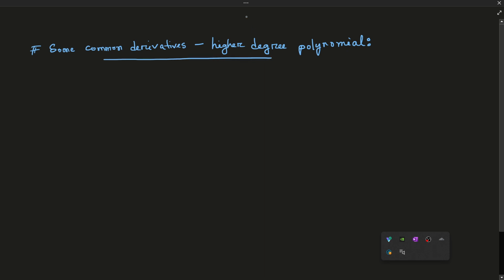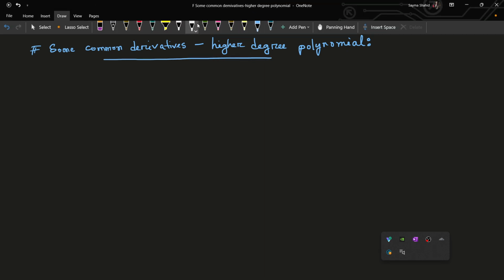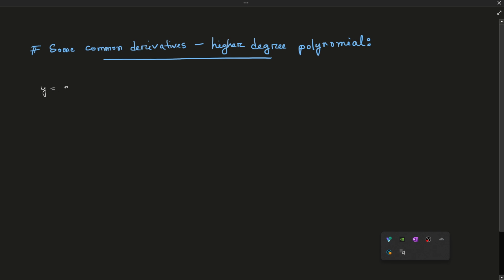Okay, so for cubic, suppose y is equal to f of x equals x cube.